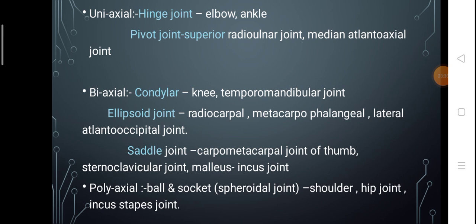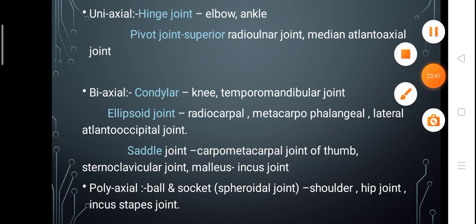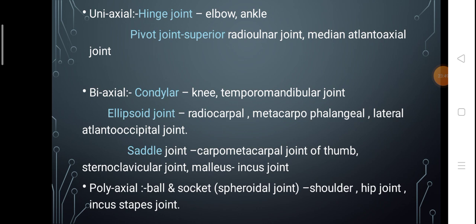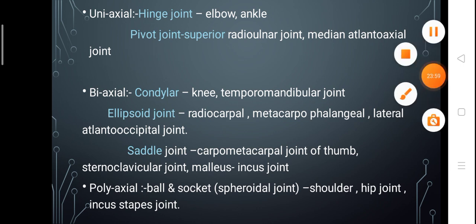Some rotation is also associated with the aforesaid movements. This is known as conjunct rotation. Under saddle joint you have examples like carpometacarpal joint of thumb, sternoclavicular joint, and the joint between malleus and incus.